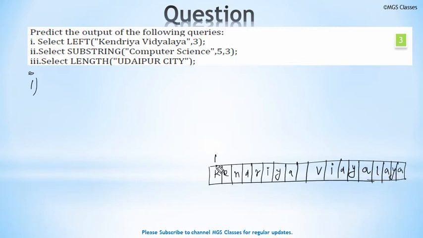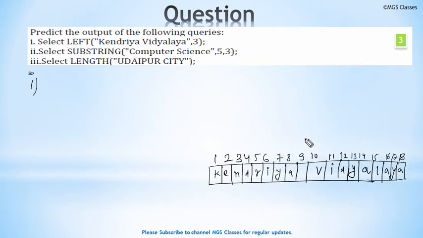Then you will write the numbers on it: 5 6 7 8 9 10 11 12 13 14 15 16 17 18. Now you need to predict the output of the select.